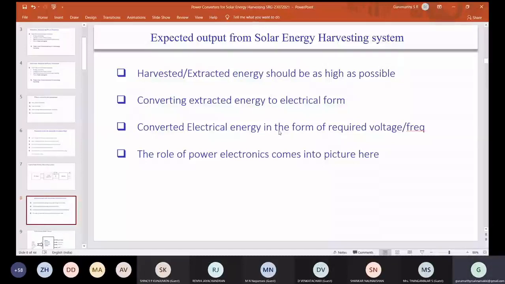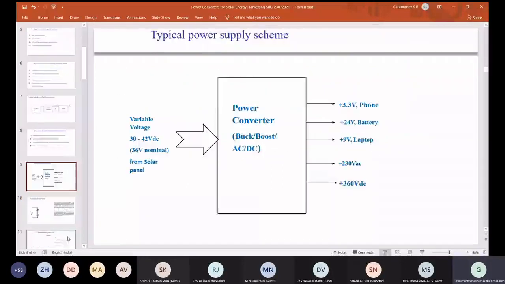Suppose this is a typical power supply scheme. Let us assume there is a photovoltaic cell of 36 volt. Different sorts of photovoltaic cells are available, with different voltage levels. I just took it as an example. So 36 volt is the nominal voltage. Depending on the light intensity, it can go up or come down from this nominal voltage.